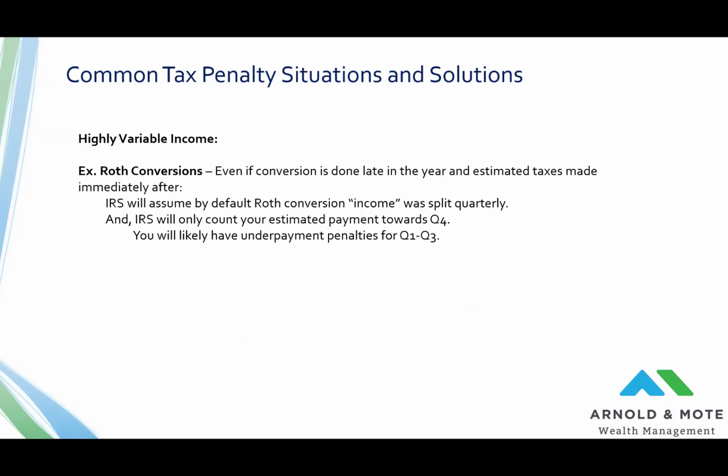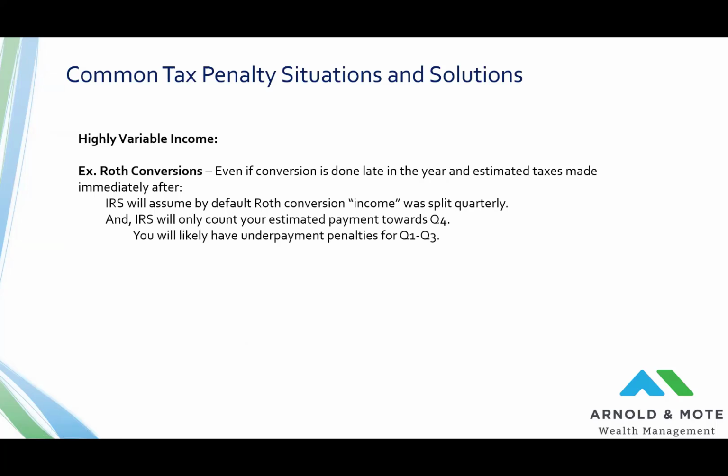The really common one we see is for those doing Roth conversions, where you have this big amount of income from an IRA at the very end of the year. It's very common to do these Roth conversions in December. The IRS is going to see this income from the Roth conversion on the 1099 and assume it was income that was evenly distributed quarterly.